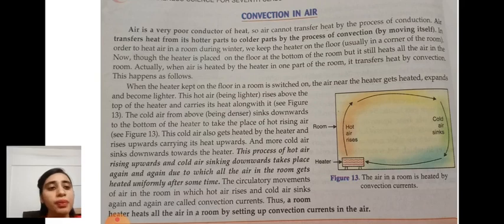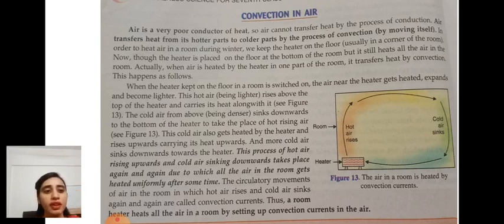See how this is possible. When the heater is kept on the floor in a room and is switched on, the air near the heater gets heated, expands and becomes lighter. When air is heated, it becomes light in weight. This hot air rises up above the heater and carries its heat along with it.